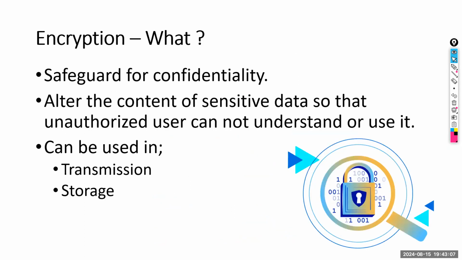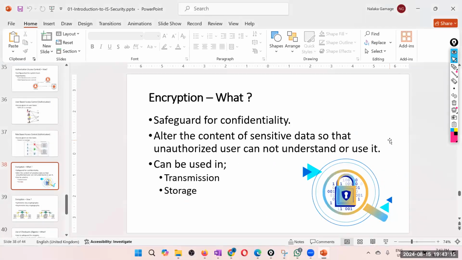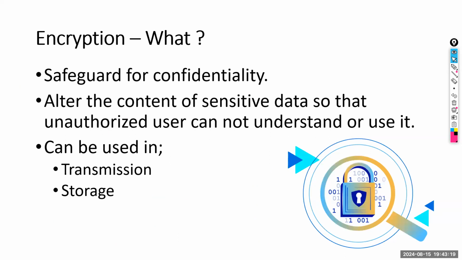Right. So now we have discussed authentication and authorization. The third one is encryption and decryption. That is for confidentiality. We don't want to expose sensitive data to third parties. So we encrypt.